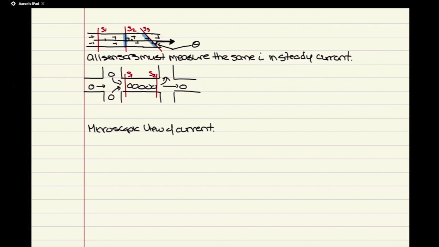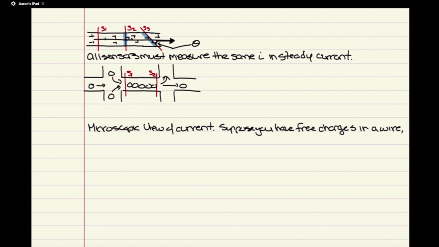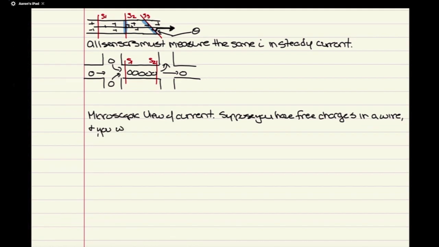So let's think about a microscopic view of current. Suppose you have free charges in a wire, say, and you want that charge to flow. You want to establish a current.